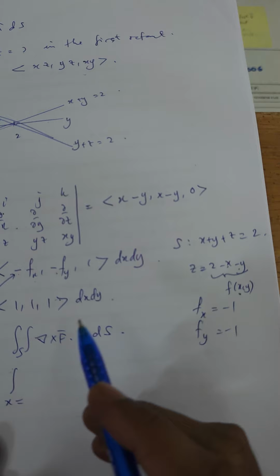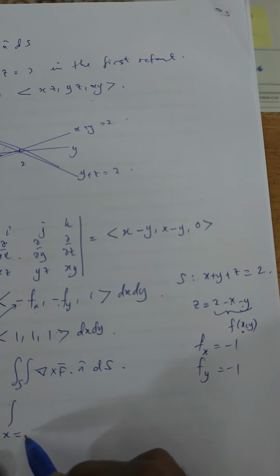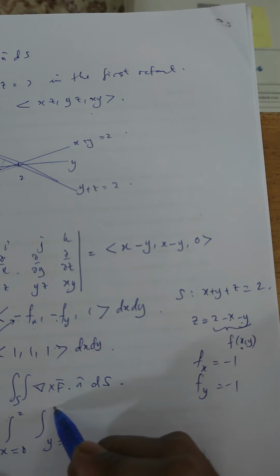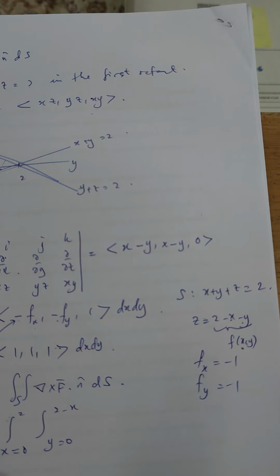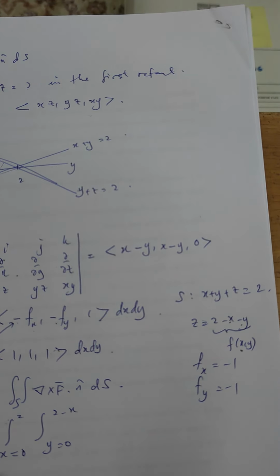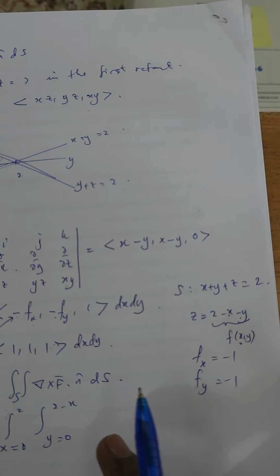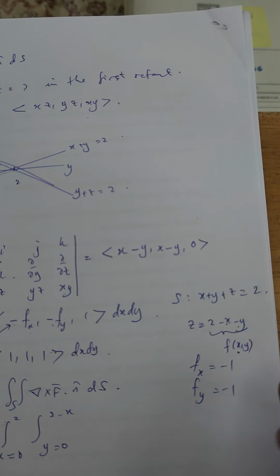So we have x from 0 to 2 and y from 0 to 2 minus x. Okay, and then you can just fill up everything there.